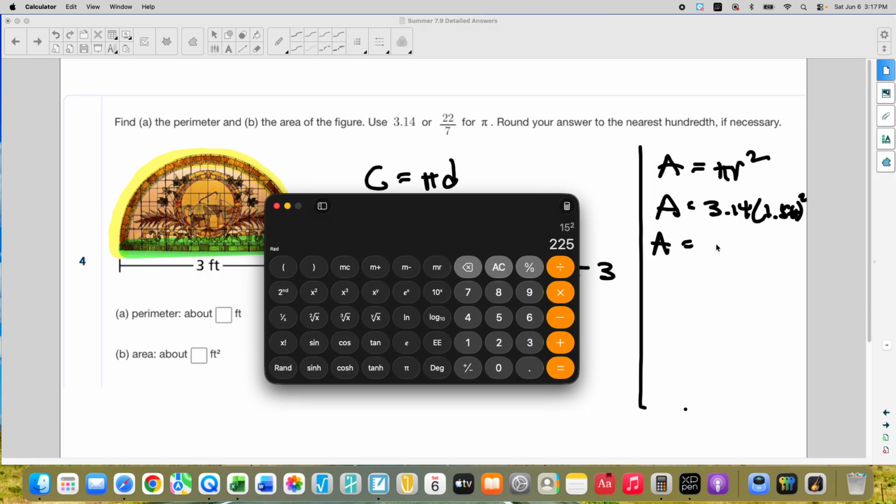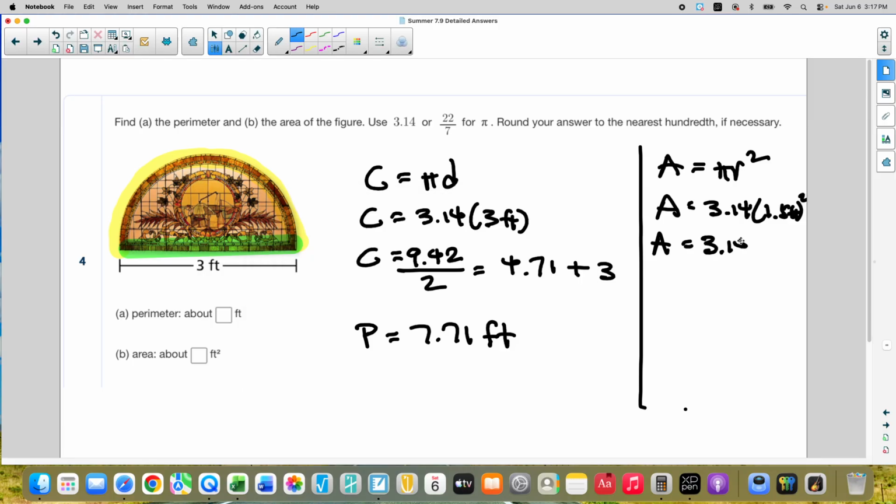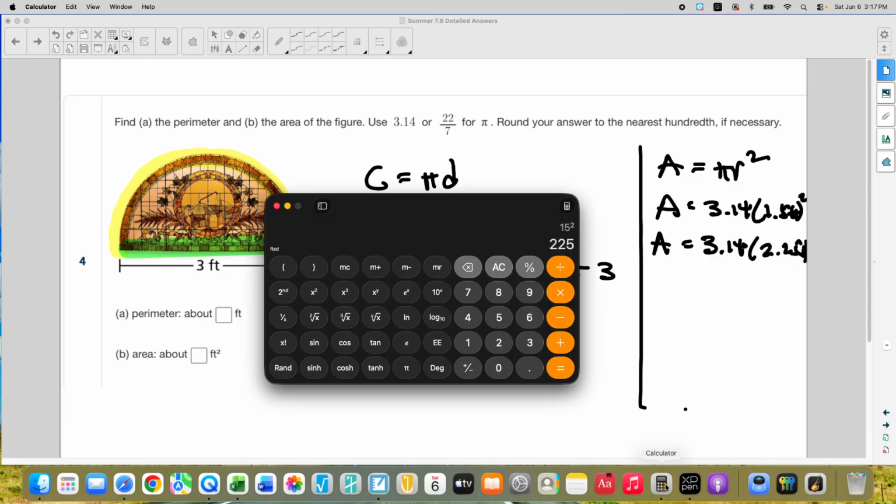So it's 2.25. So 3.14 times 2.25 feet squared. So now we're going to multiply the 2.25 times 3.14, which gives us 7.065.